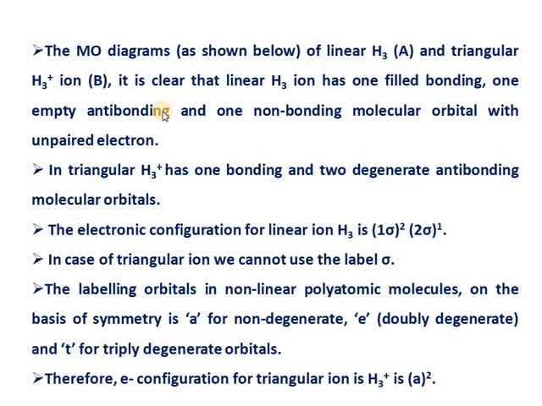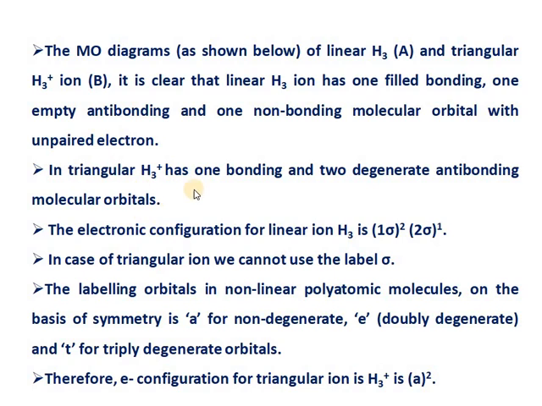From these two diagrams, we observe that the linear H3 plus ion has one filled bonding and one antibonding molecular orbital, and one bonding molecular orbital with the unpaired electron.